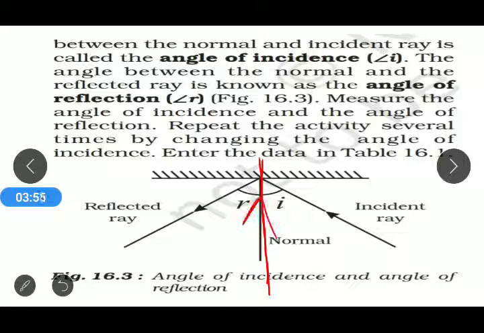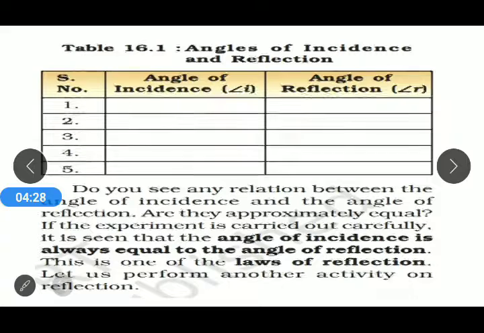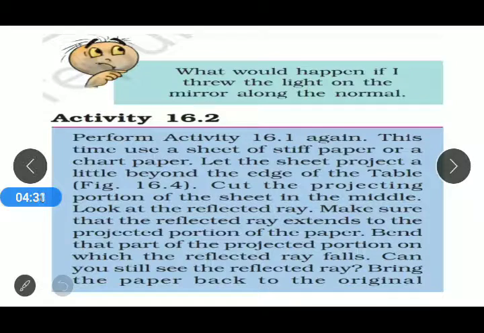The incident ray, after reflecting, retraces its path and becomes the reflected ray. If the ray travels from left to right, then after the reflection it will move from right to left along the same path. So if we throw a light along the normal, it always retraces its path.